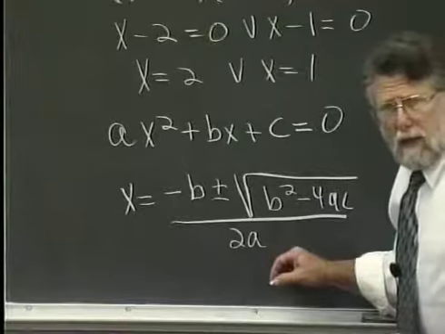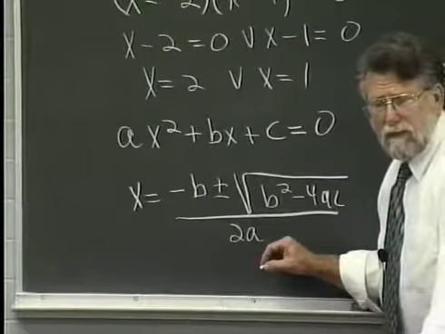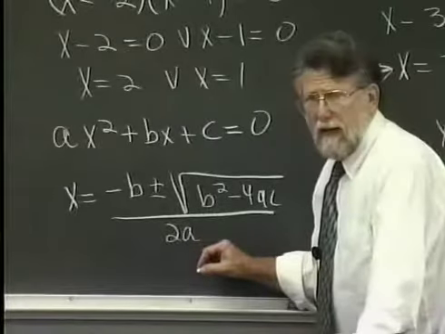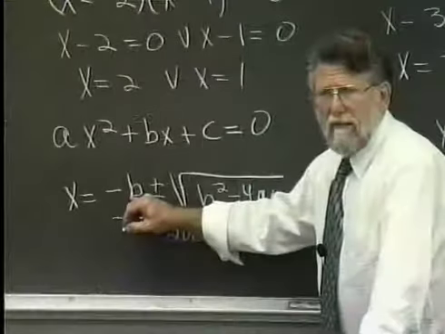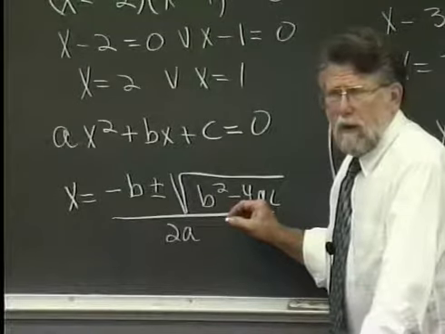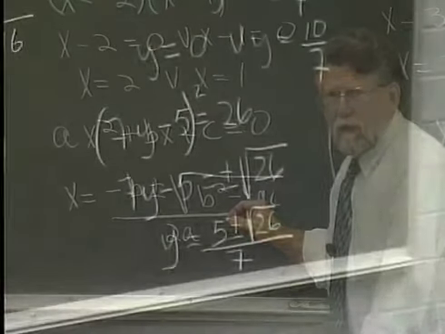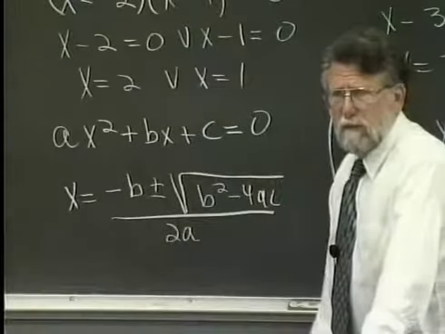Now notice, in this case we have 2a in the denominator. In the one I have on the side, we'll have Debbie cut back to that, we had 7 in the denominator. In this case, I have minus b plus or minus a square root. So what we see on the sideboard is a 5 plus or minus the square root of something over 7. It's exactly in this form. Okay?